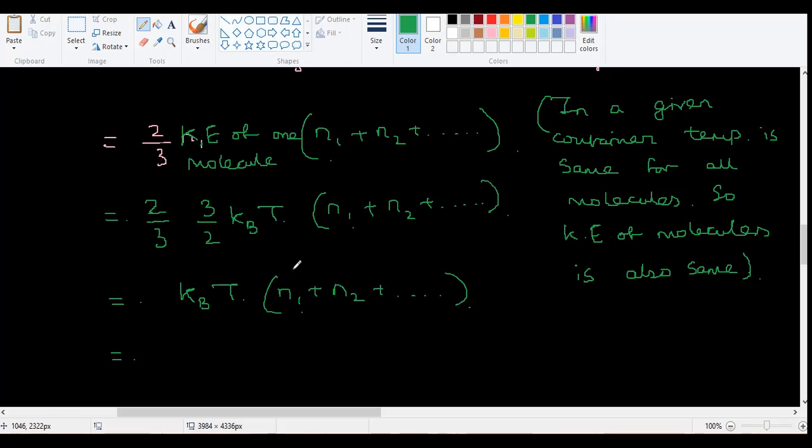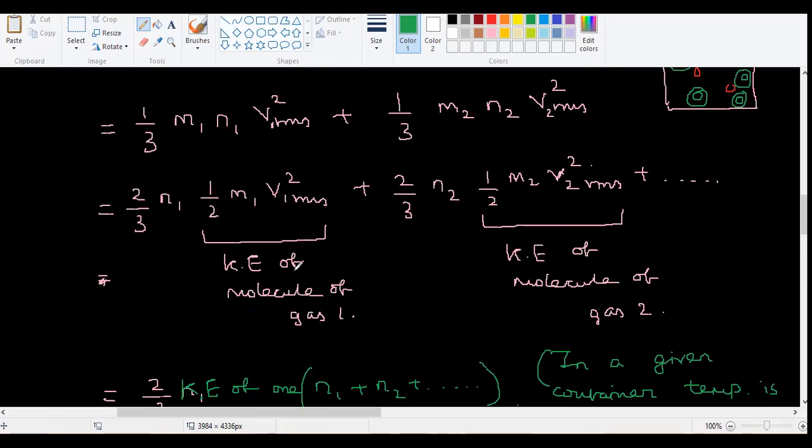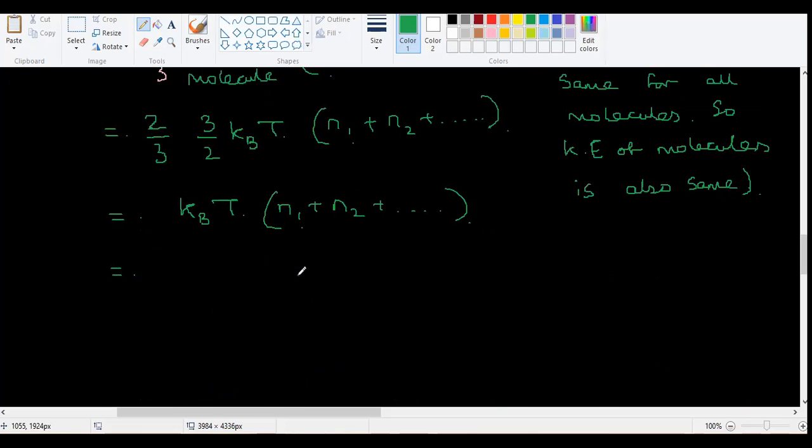I need to go back to the basics. Let's see. N is number density, right? Number of molecules by volume. So listen carefully. You know that PV is equal to mu RT, that is N by NA.